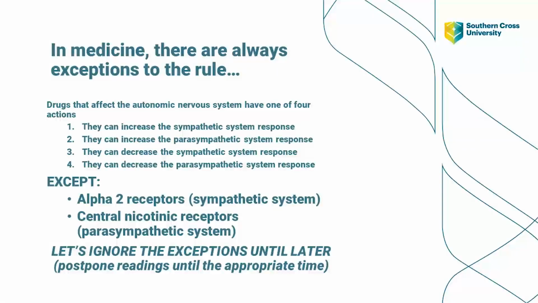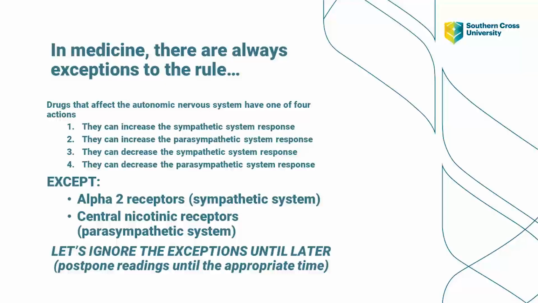There is an alpha 2 receptor in the sympathetic nervous system that's a receptor that's basically employed to make sure that the sympathetic nervous system doesn't get out of control. Imagine that you're being chased by something. And what prevents you from getting so much adrenaline that your heart starts going so quickly that you end up with a heart attack?